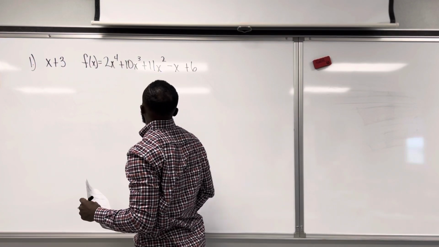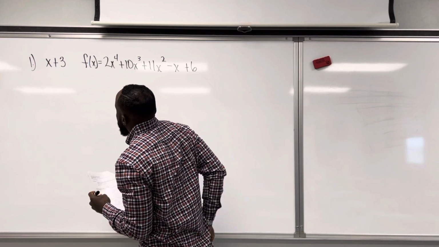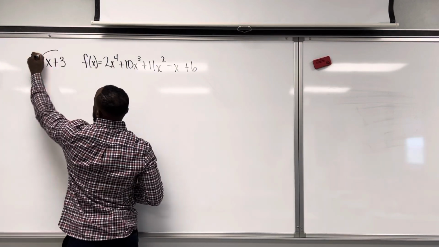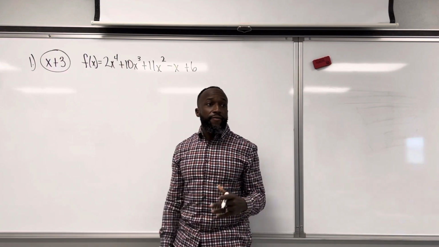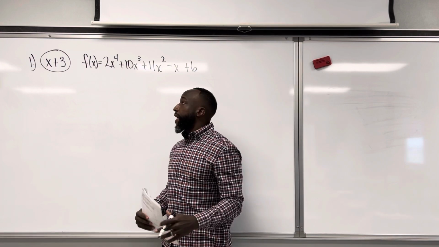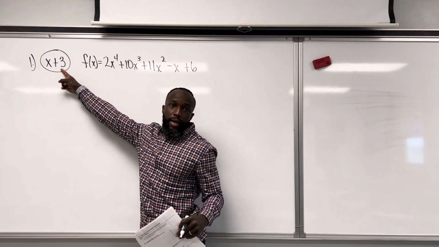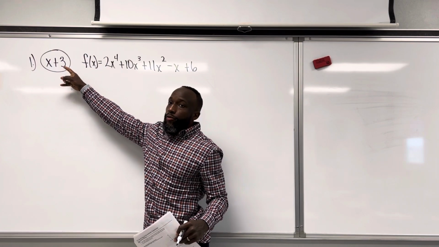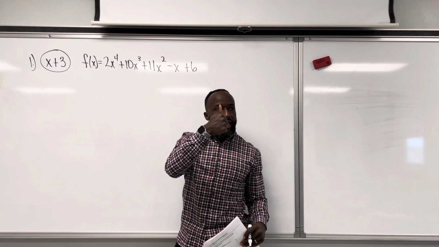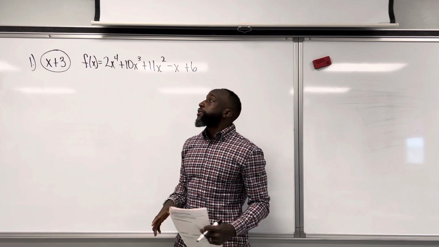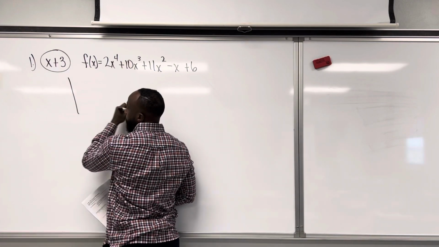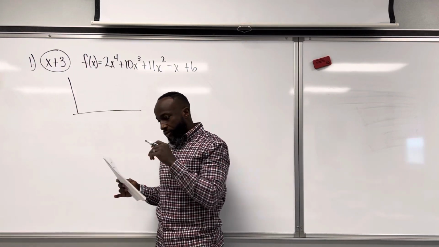They want to know if x plus 3 is a factor of it, which means that when I divide this polynomial by this binomial, will I get a remainder of 0? If I do, then the answer is yes. Okay? So the way we can do it is synthetic division.